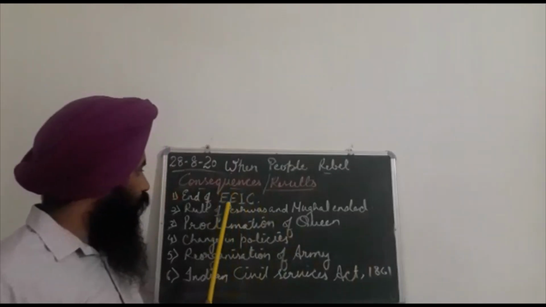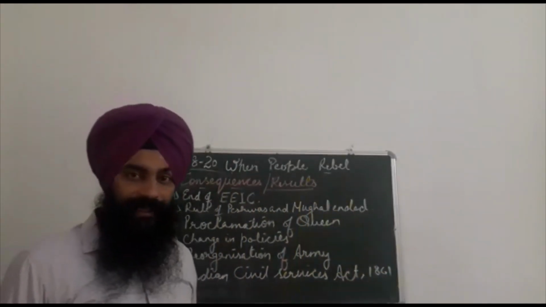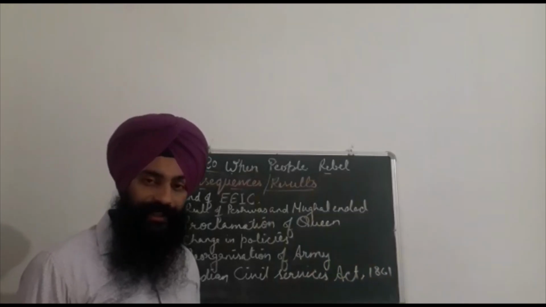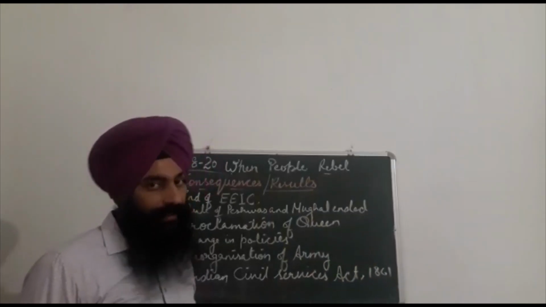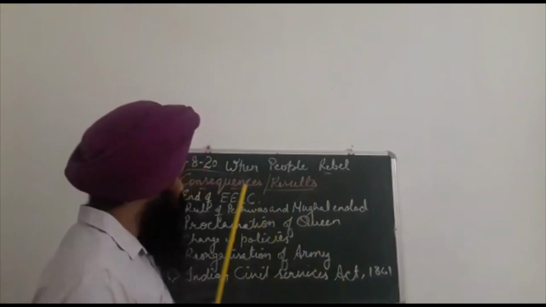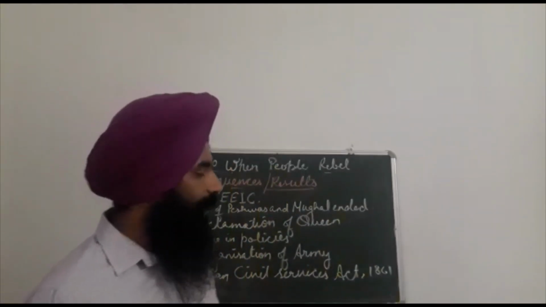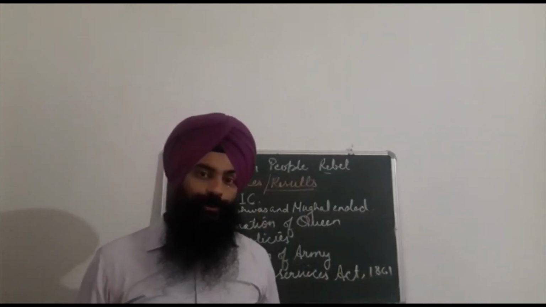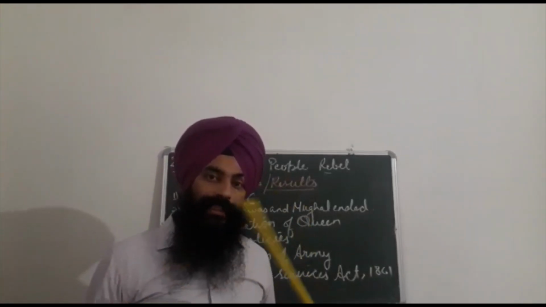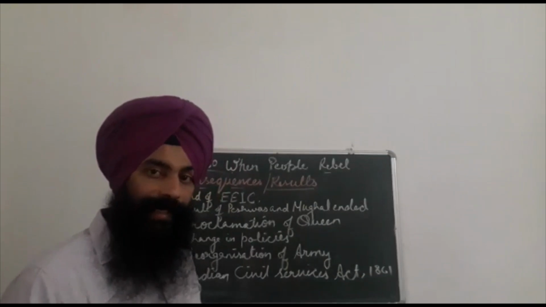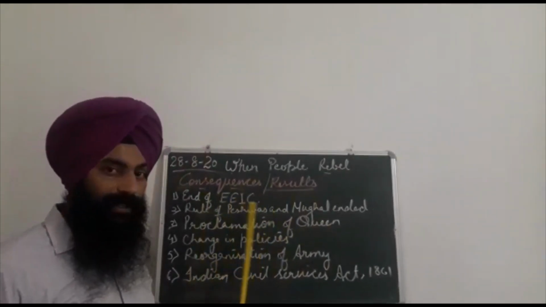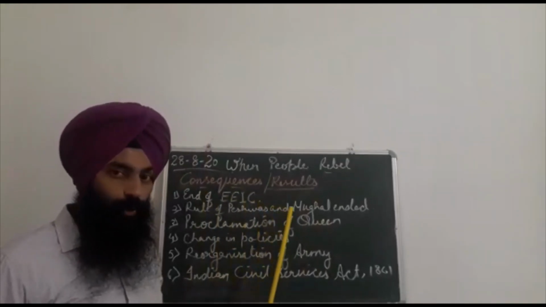After that, the role of the Company ended, and direct rule by the British Parliament started in India. It means that the policies earlier introduced by the Company, such as administrative, economic, social and religious policies, were all continued by the Parliament of Britain. So this was the first consequence: the rule of the English East India Company ended.